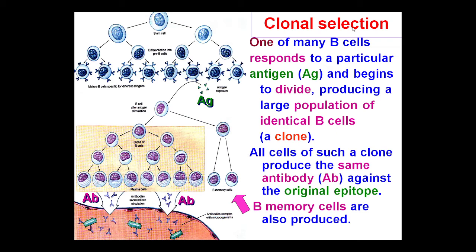Clonal selection theory says that one of many B cells, many B cells are shown here, you see about 10 blue B cells, that have membrane receptors for different antigens. One of these many B cells responds to the particular antigen.